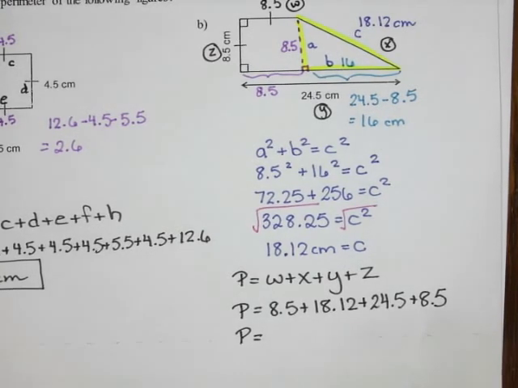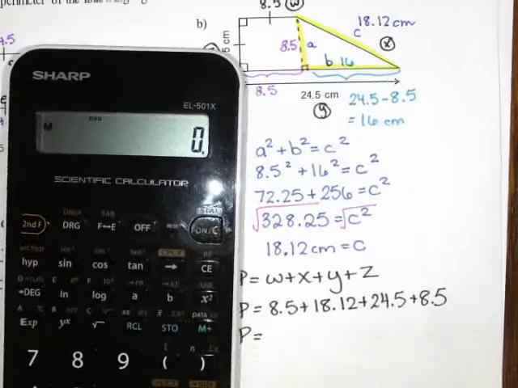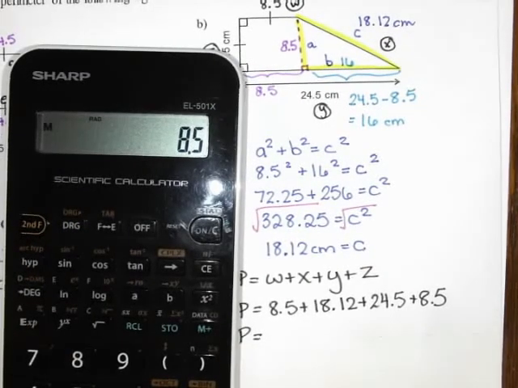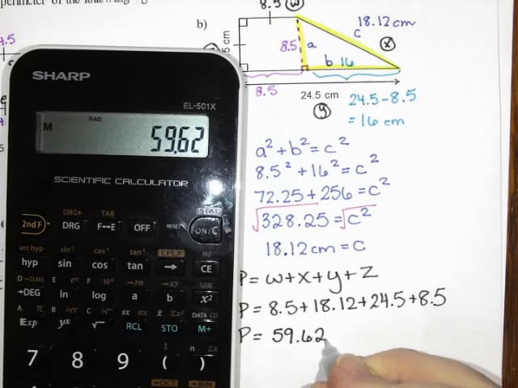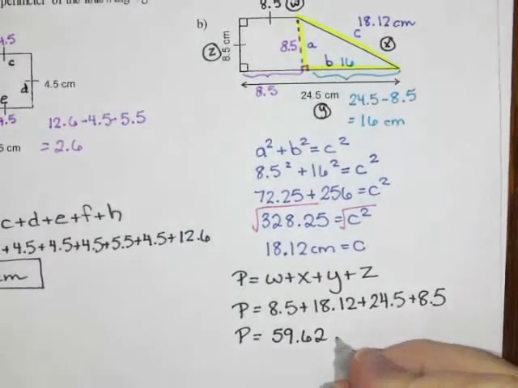When I add those together, 8.5 plus 18.12 plus 24.5 plus 8.5 is 59.62, and that's going to be centimeters.